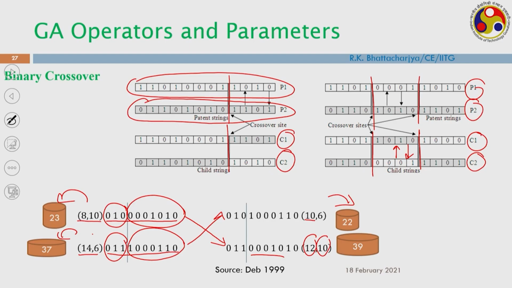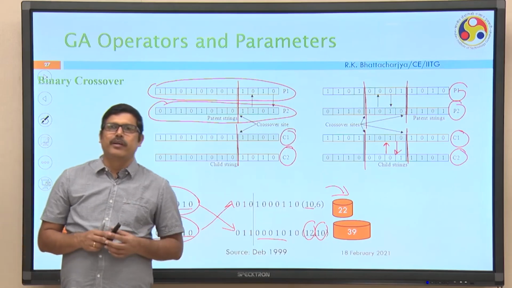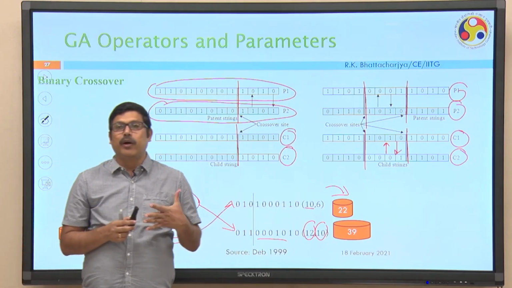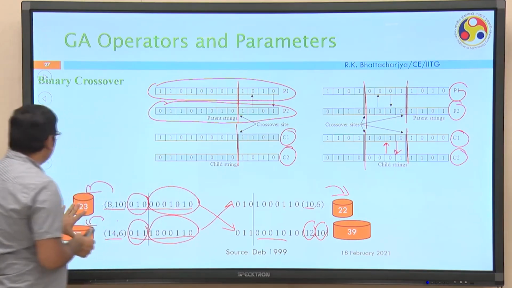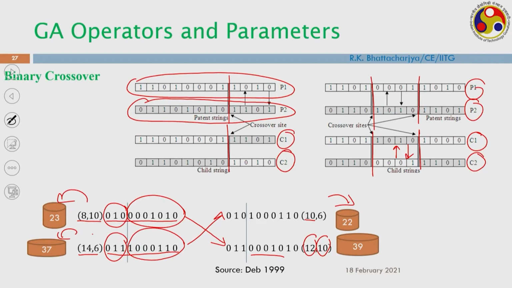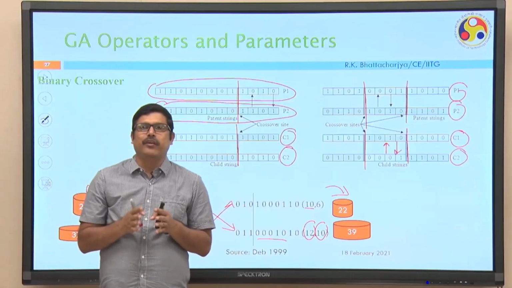Okay. So, you just see, you have applied crossover, and in this case the parent objective function values are 23 and 37, and here you are getting 22 and 39. So, using crossover you are getting two new solutions, but look at them. The earlier values were 23 and 37, and the new values are 22 and 39, just near to their parents' values. So, you are getting solutions near to the parents.